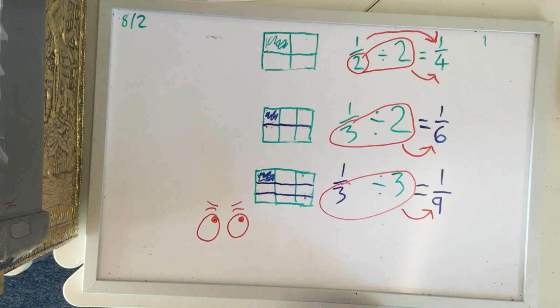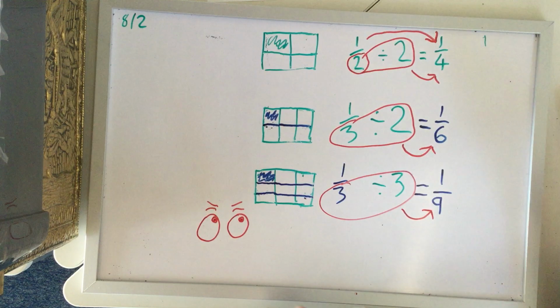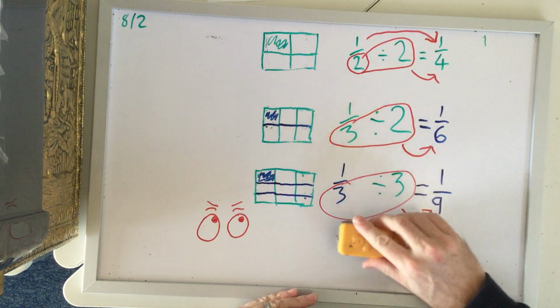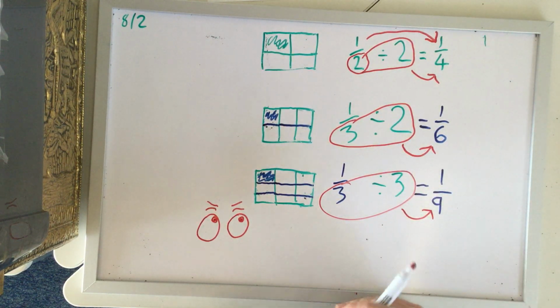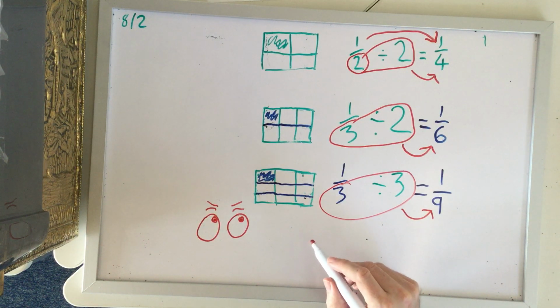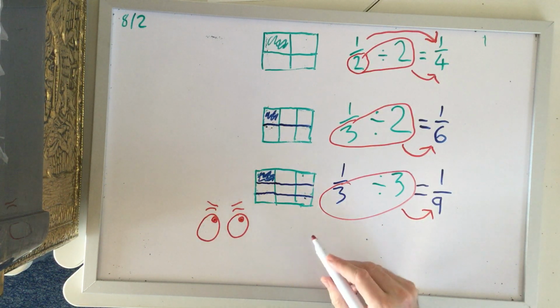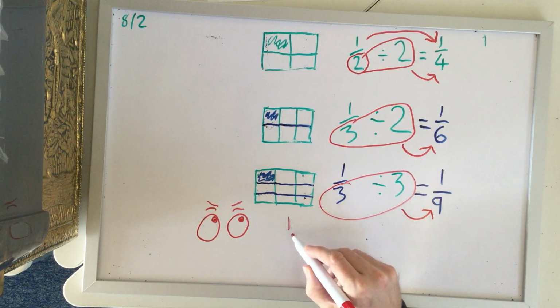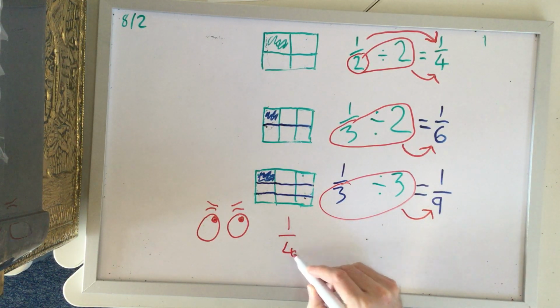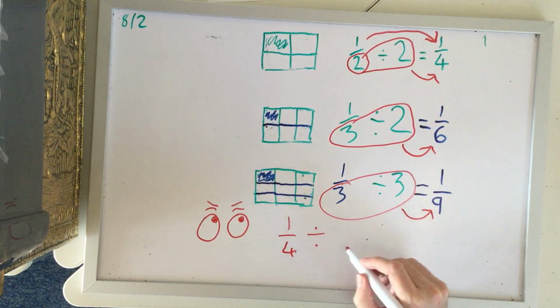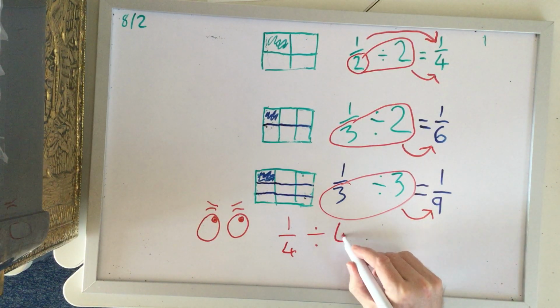So that's unit fractions for today. Let's quickly do one at the bottom, without an image, just to get that rule set in our heads. Let's do 1/4 divided by 4.